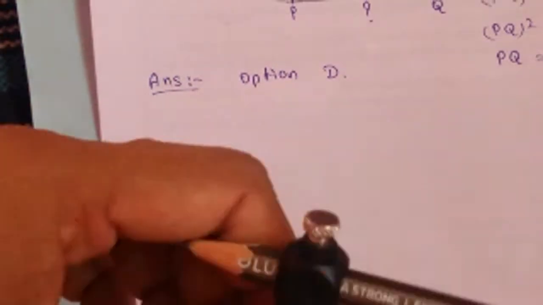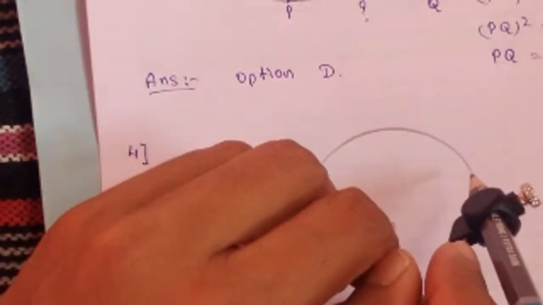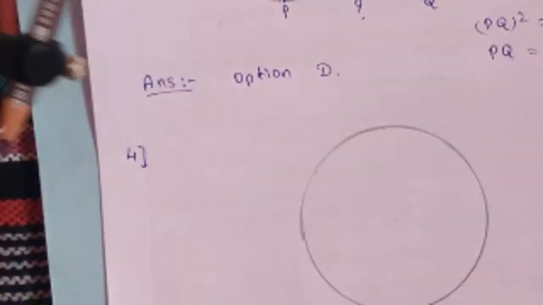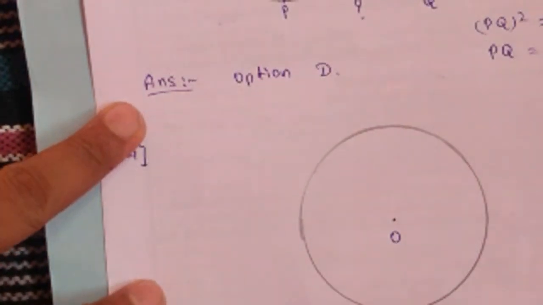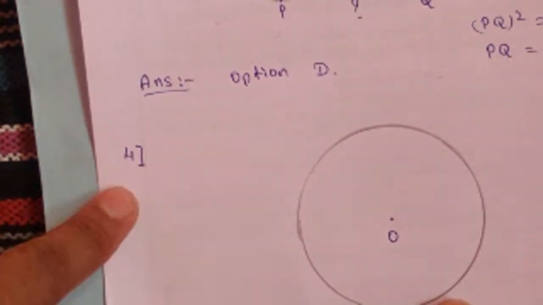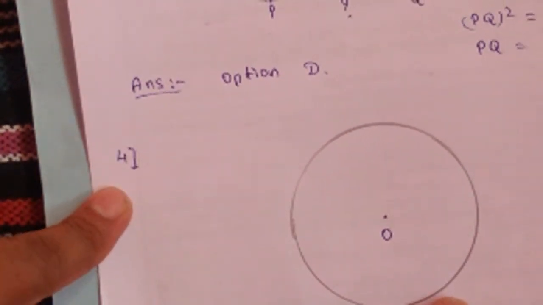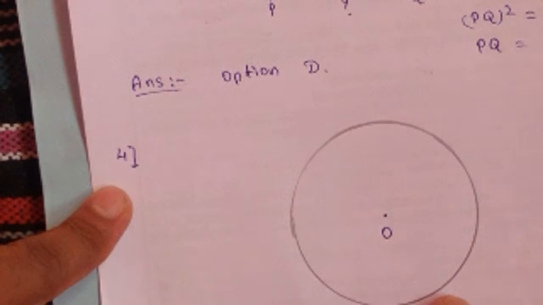I will draw one circle here and call this center O. The first step is to draw a circle. The next is two lines parallel to a given line such that one is tangent and the other a secant to the circle.